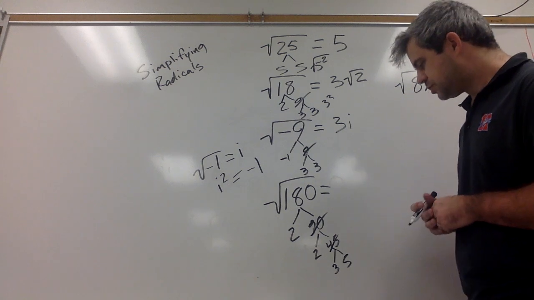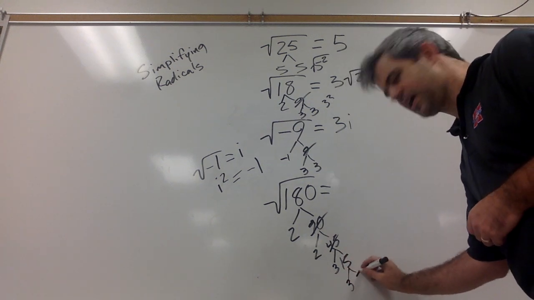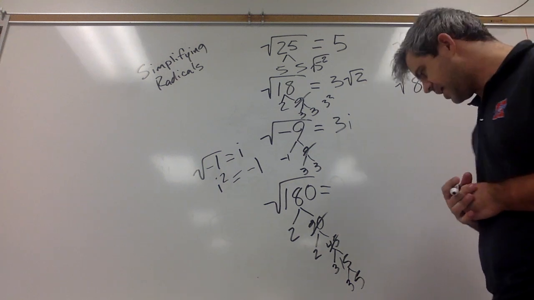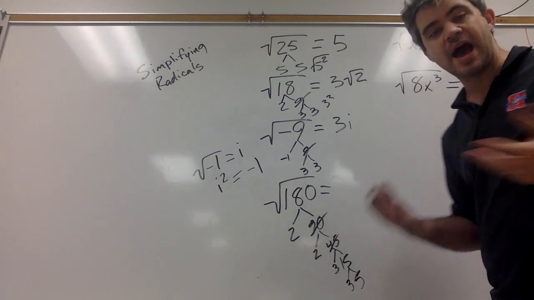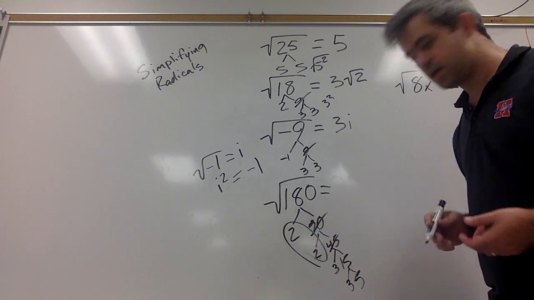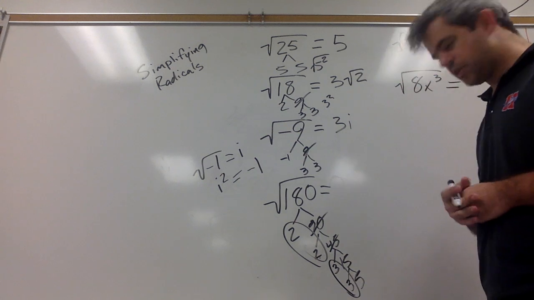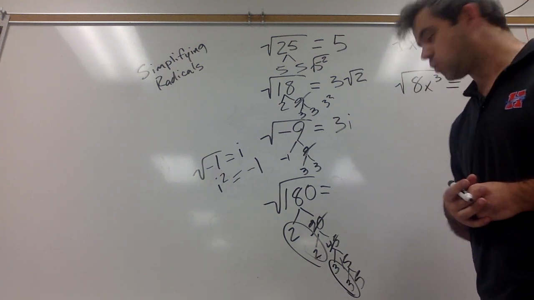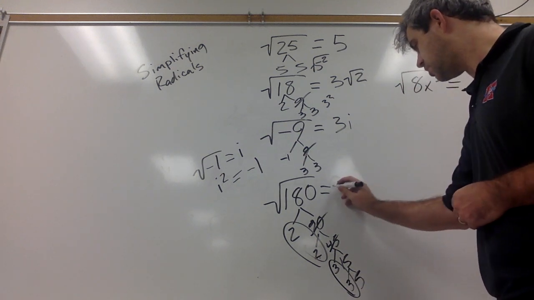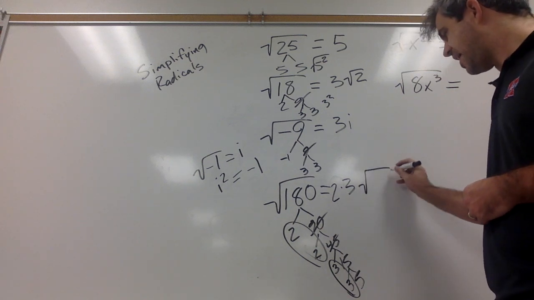Sorry about that. So, do we have anything that's being squared? Well, 2 times 2, that's 2 squared. 3 times 3, that's 3 squared. So we have a 2 that comes out, and a 3 that comes out, and a 5 that does not come out.